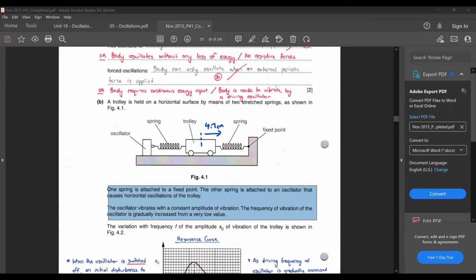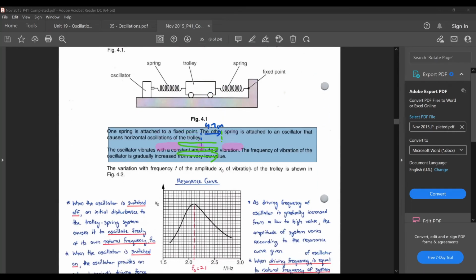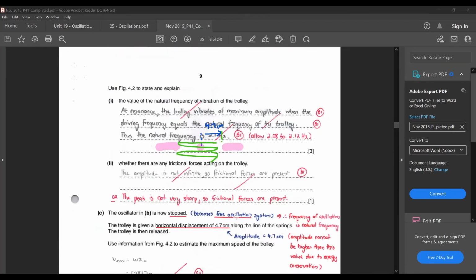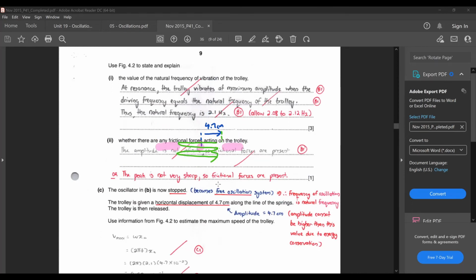Logic will tell you if your trolley is connected to springs on either side, the moment you release it from 4.7 centimeters on one side, your trolley will oscillate left and right. After your initial disturbance of 4.7 centimeters, it is free oscillation.